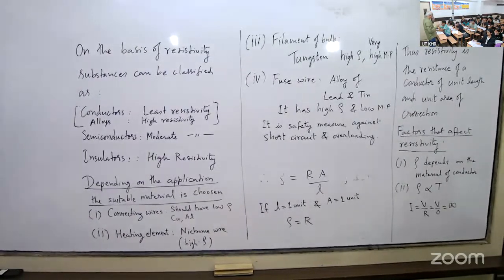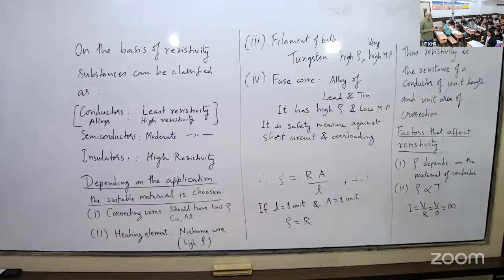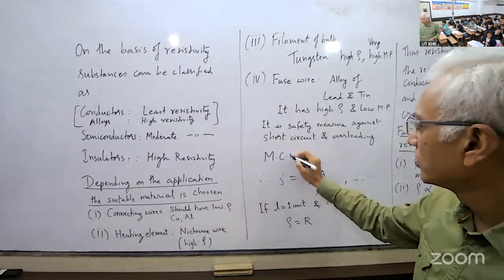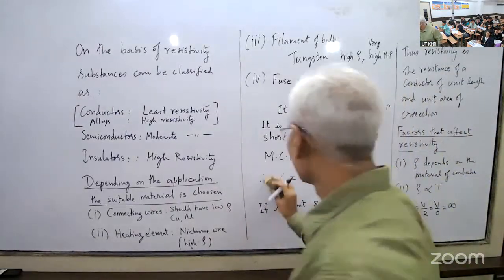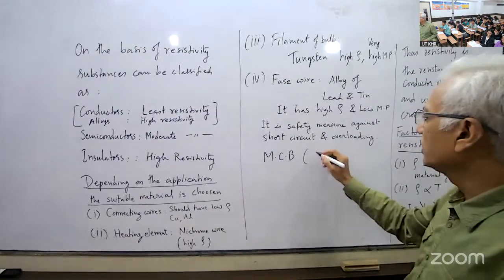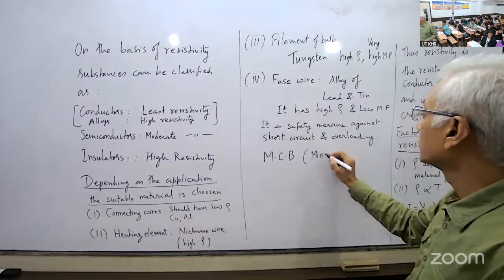Today, instead of a fuse, we use what is called an MCB. MCB is basically a miniature circuit breaker.